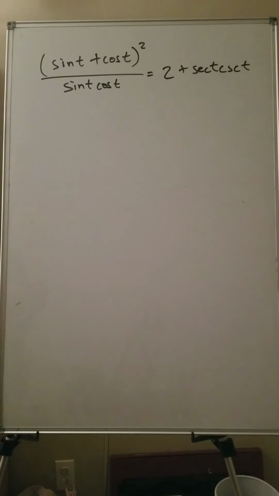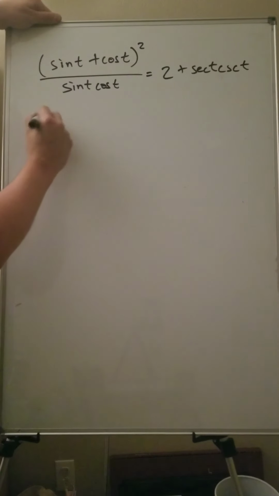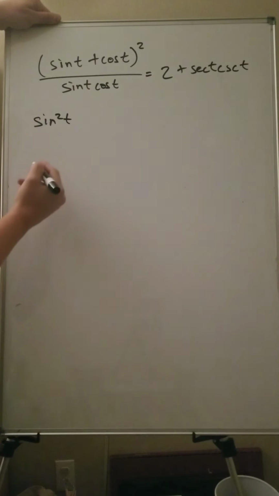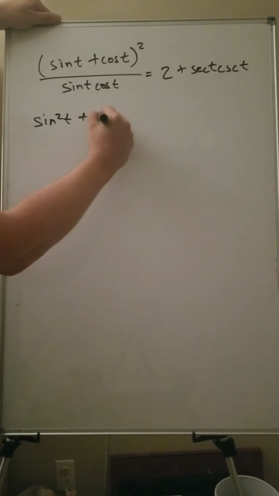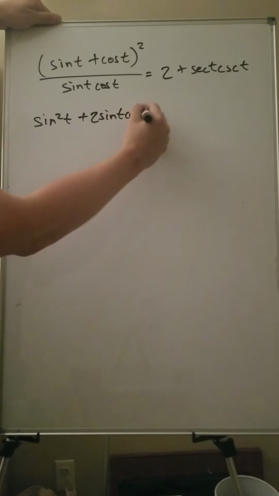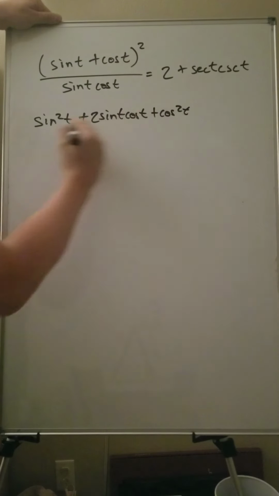multiply that out. So sine of t plus cosine of t squared, that's simply a plus b squared. A plus b squared multiplies out to be a squared, in this case sine squared, plus 2ab, so 2 sine of t cosine of t, plus b squared, so plus cosine squared t.